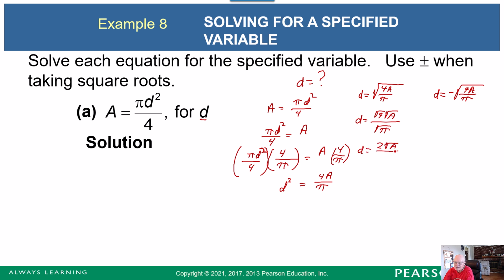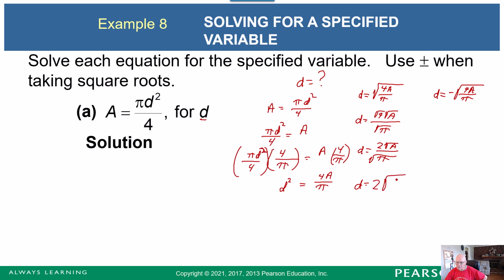Now, this is pretty good, but there are those who would say, we've got a small problem here, Houston. We've got a square root of pi in the denominator. That is not allowable, some people would say that. So we're going to fix that.